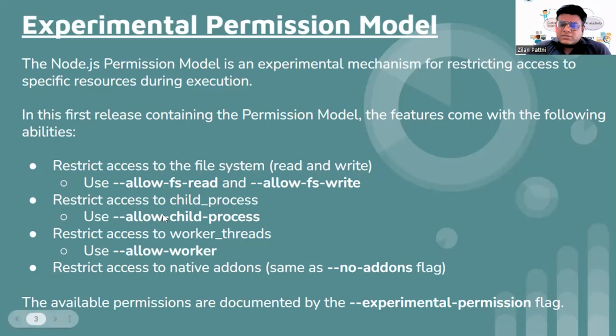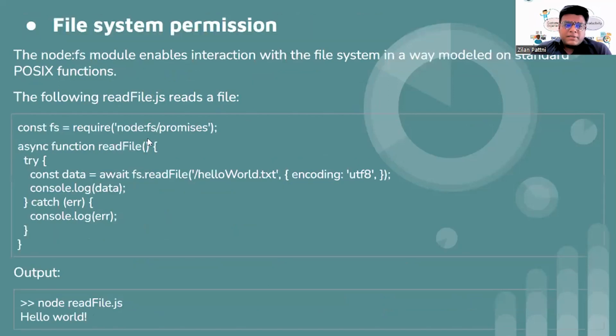The third restriction is allow-worker. Node.js works with multiple worker threads, so you have to allow worker threads for processing. The available permissions are documented under the experimental permission flag. So let's discuss it deeply.